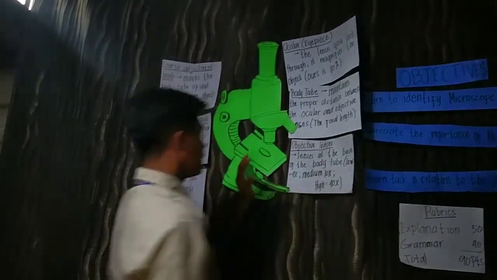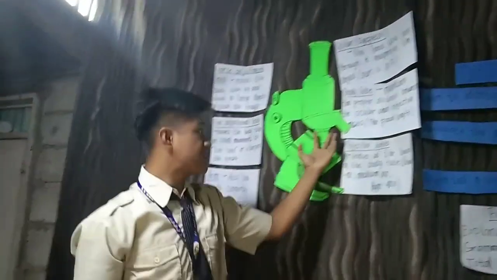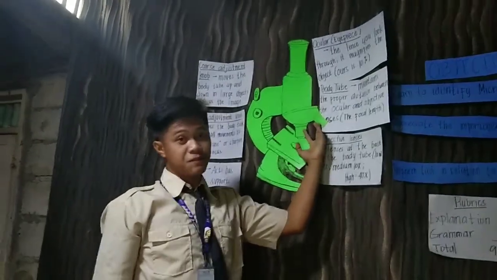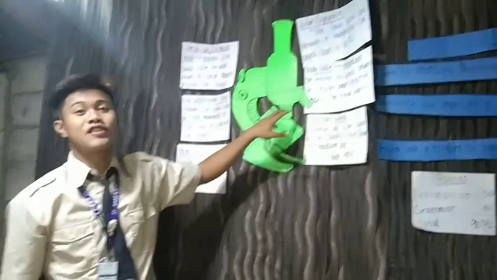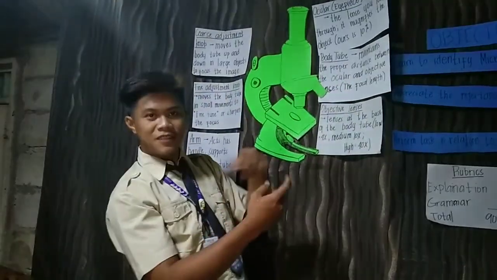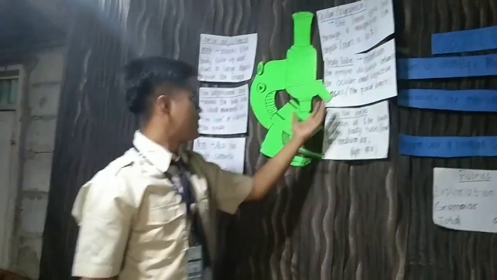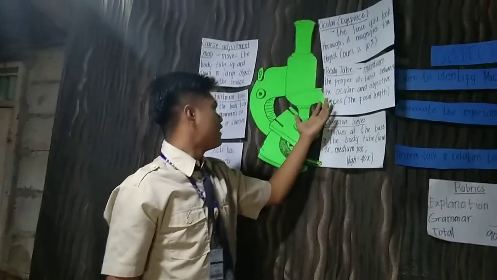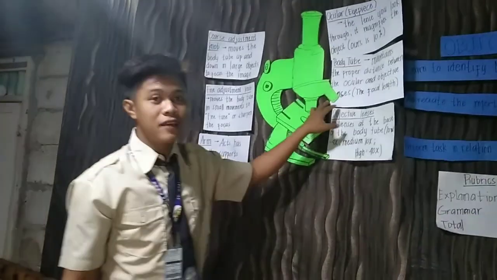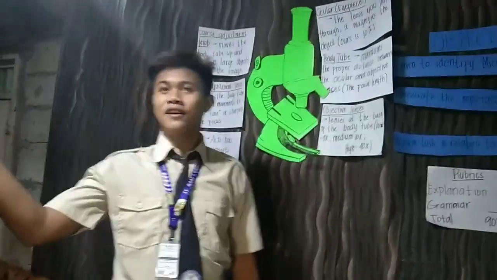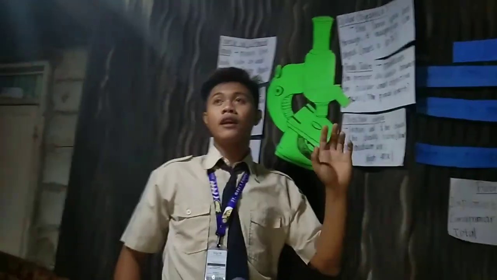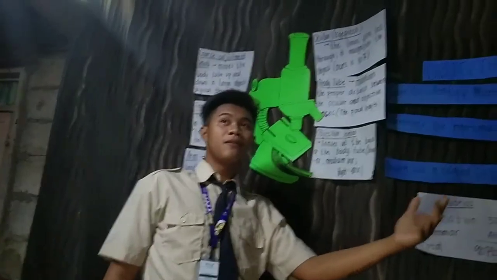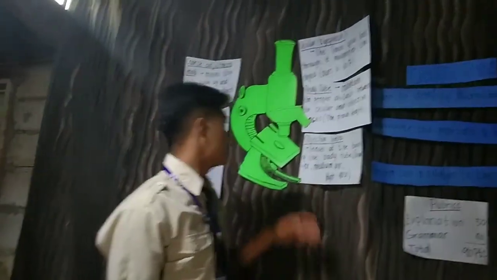Actually, there are three objective lenses, but in the picture you see two because it is a drawing only and is not rotatable. Our science laboratory is not available for now, but if we have time to use it, we will discuss it with you.